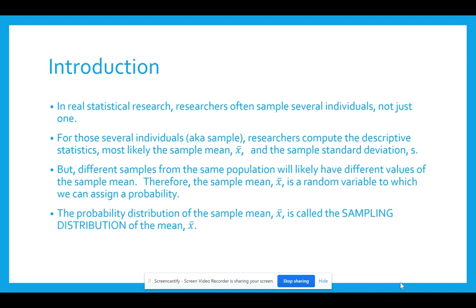The probability distribution of the sample mean, X bar, is called the sampling distribution of the mean. We've been talking about probability distributions in the lessons prior to this.